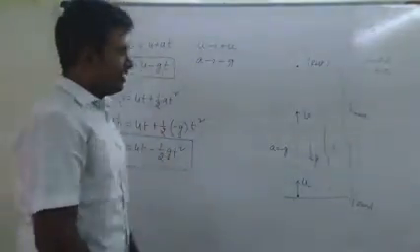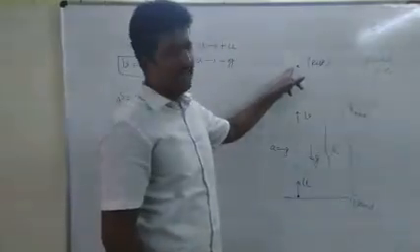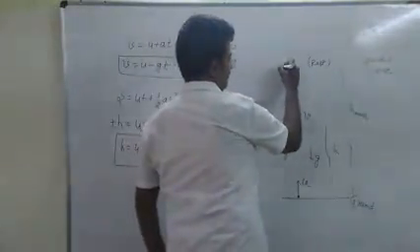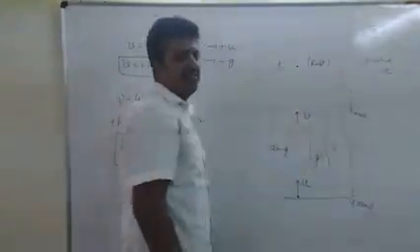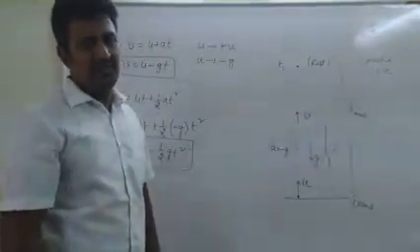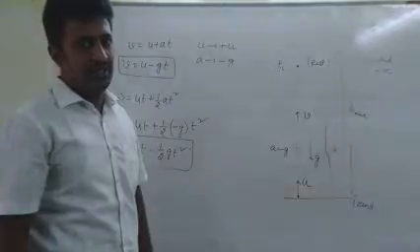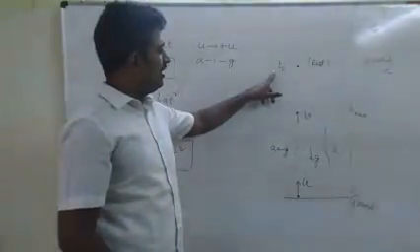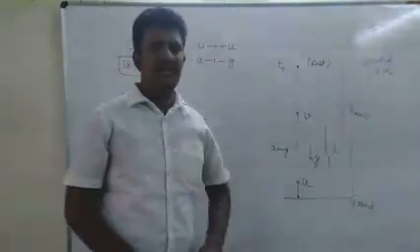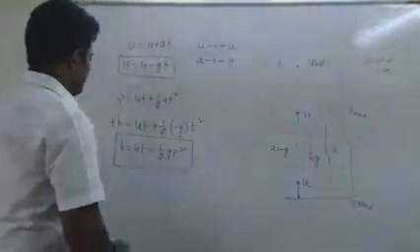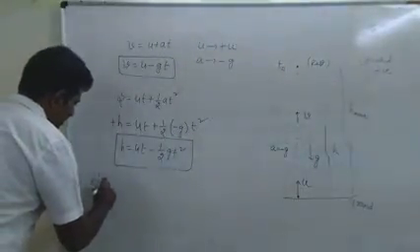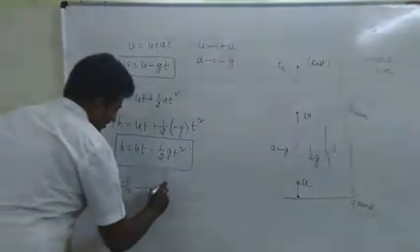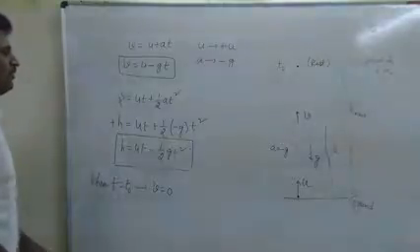The next thing that I want to calculate is how much time it will take to reach the highest position. Let us suppose t naught is the time taken by the particle to reach the highest position. How to find out t naught? When time t becomes equal to t naught, the final velocity of the particle will become 0. Which equation are you going to make use of?